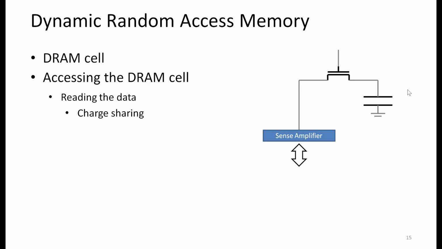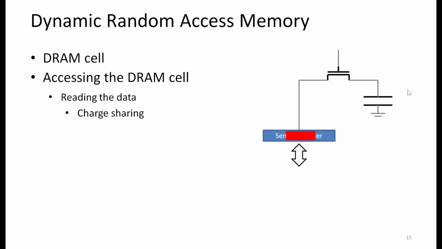When we want to read the data, something called charge sharing happens between the sense amplifier and the capacitor. So let's assume that the capacitor is storing 1. It means that it is holding some charge. To read this cell, we apply high voltage to the NMOS gate so that the source and drain get connected and the charge flows from the capacitor to the sense amplifier.